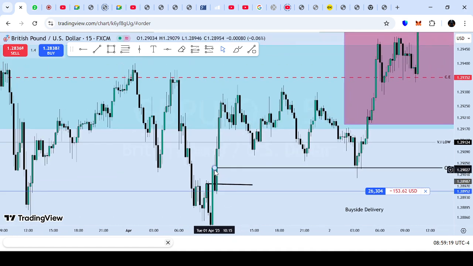So the first order block is here, the last close candle, the opening of the bearish candle. You treat it as your order block after a break of structure.